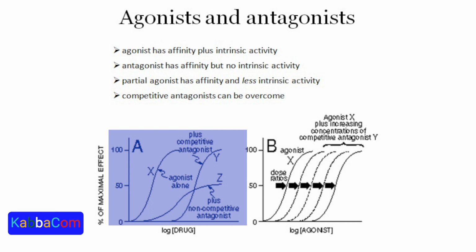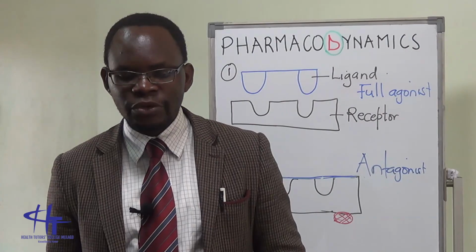So you will see that the response falls even to below 50% of the maximum effect. So that is what we refer to as an agonist in the presence of a non-competitive antagonist. Basically, that is what we mean by those graphs, as you can see.